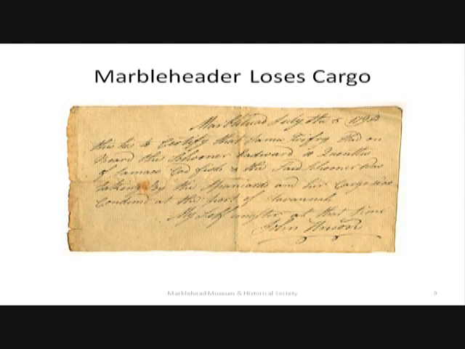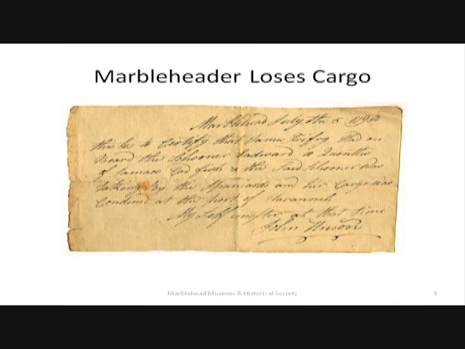Now here's kind of a local note. This is what happens and what you would see. This happens to be a note that I found in the Orne papers. It's a Marbleheader. It says, Marblehead, July the 5th, 1794.